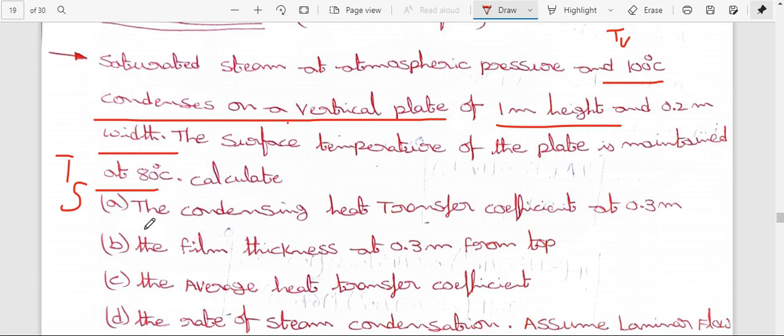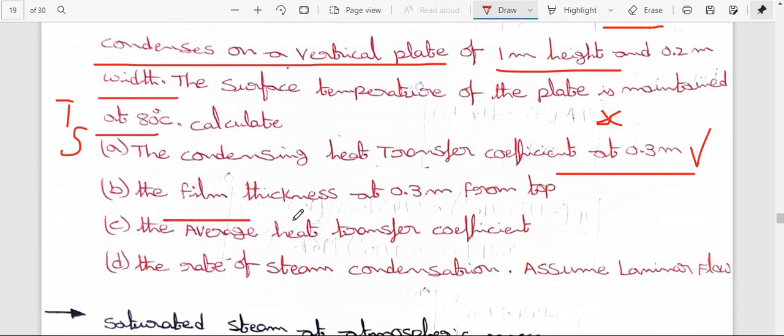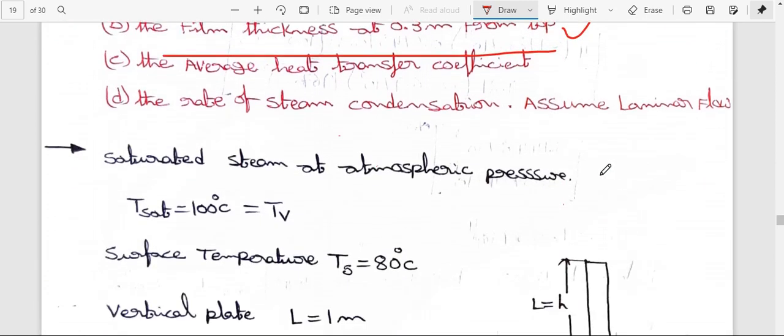First, calculate the condensing heat transfer coefficient at x equal to 0.3 meters from the top edge, and the film thickness. This is the flat plate, so the film thickness gradually increases.